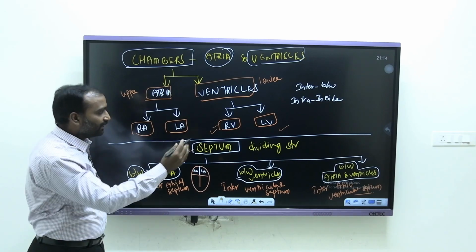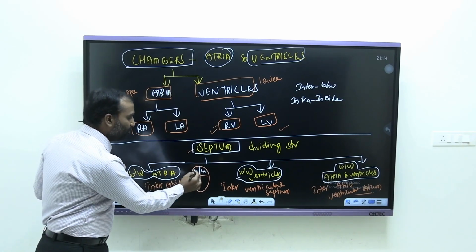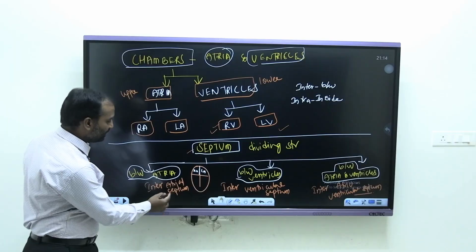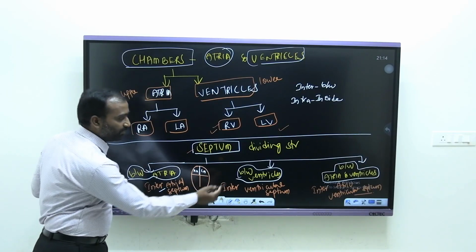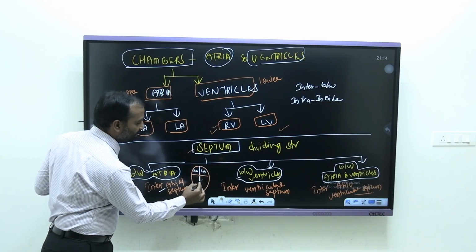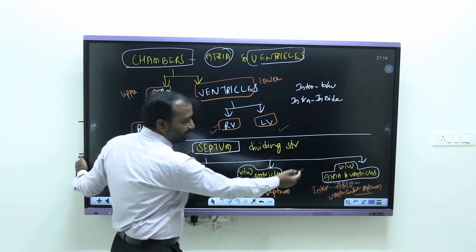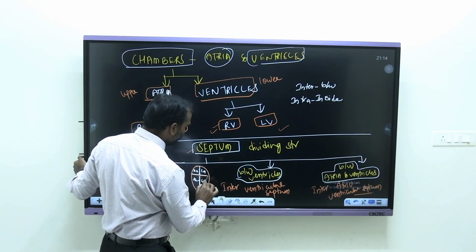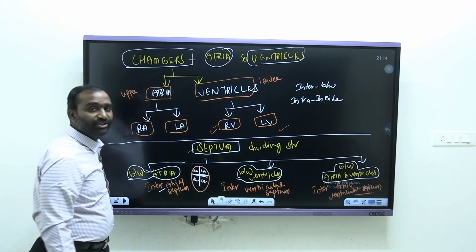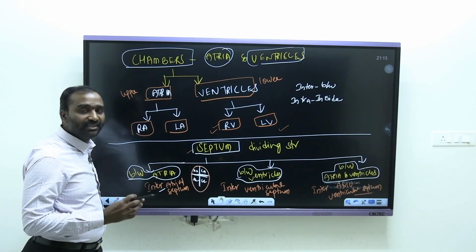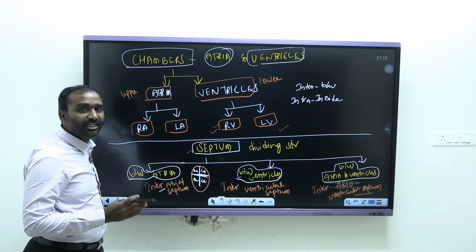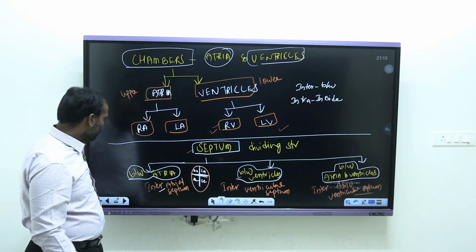So in between the atria is called the interatrial septum. Between the ventricles, interventricular septum. And the next one is between the atria and ventricles, the atrioventricular septum. These are all the septums which help to divide the particular chambers.